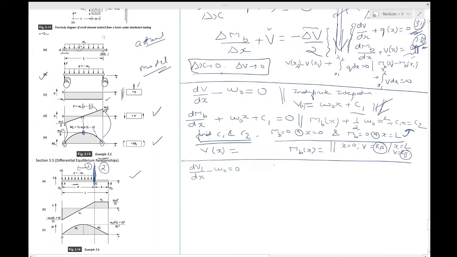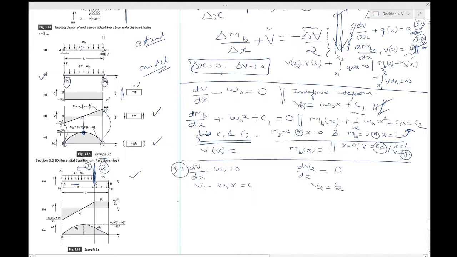In the second part, you write 3.11, that would be dv2 by dx, and there is no loading, so this will be equal to 0. You can have this integrated indefinitely: v1 minus w naught x equal to c1, and v2 will be equal to c2.